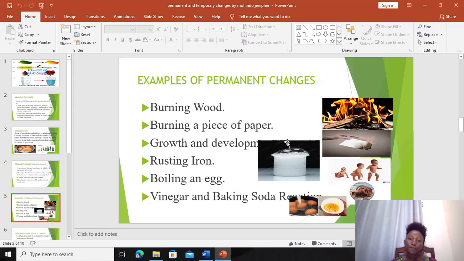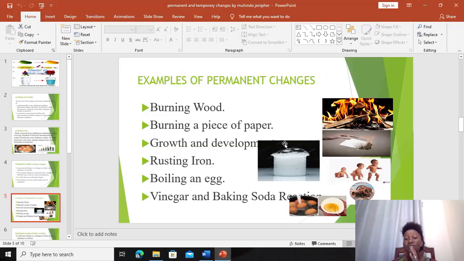For example, we have some examples of permanent change, like burning wood. When you burn wood, it turns into ash, but that ash cannot be turned back to wood. Another example is burning a piece of paper. It changes into ash, but that ash cannot be turned back to the original paper. There is also growth and development.